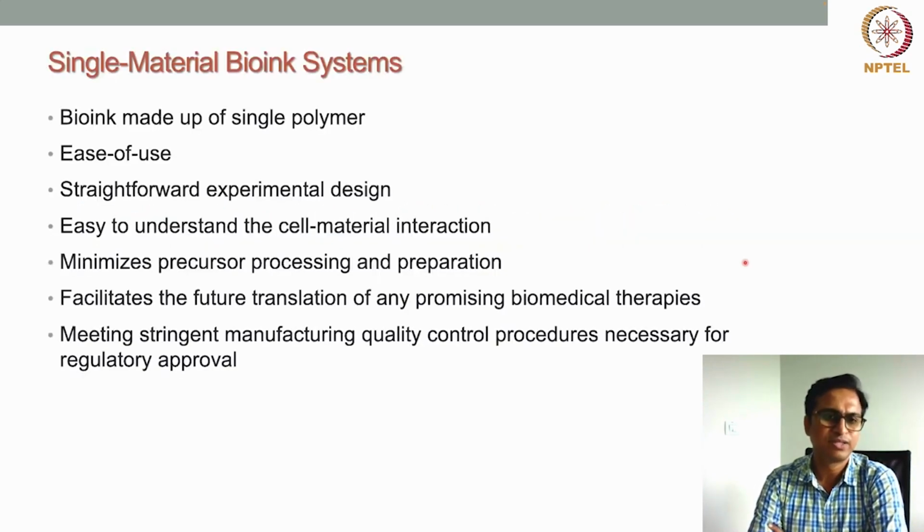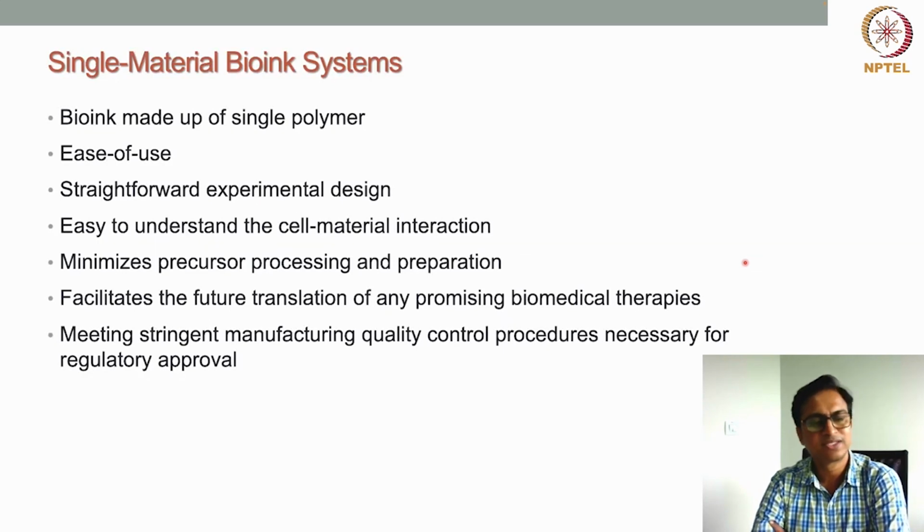As you must have understood, single material bioink systems are mostly made up of a single polymer, like gelatin, alginate, fibrin, collagen, or any other single polymer, or even a synthetic polymer like PVA.